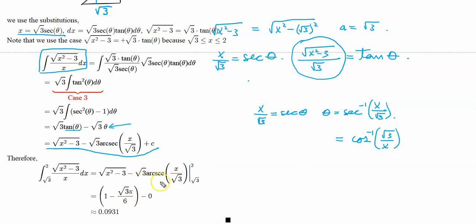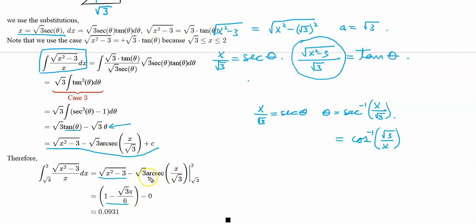So when we put 2 in place for that x, this is going to become root 3 times pi over 6 right there. And then when we put the square root of 3 in here for these x's, this is going to become 0.